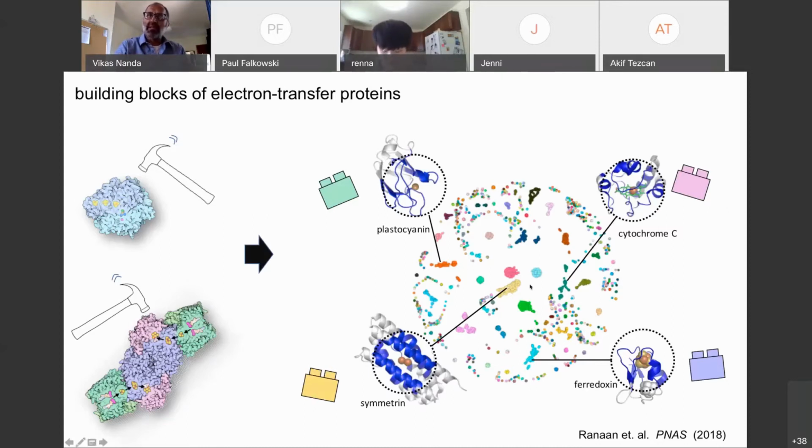For example, here we have this helical structure that binds two irons. Here's a mostly beta sheet structure that binds copper. Here's one that binds another porphyrin, and then an iron sulfur binding mode. And what we inferred from this is that these smaller pieces of structure, because we see them again and again and again, are likely ancient.